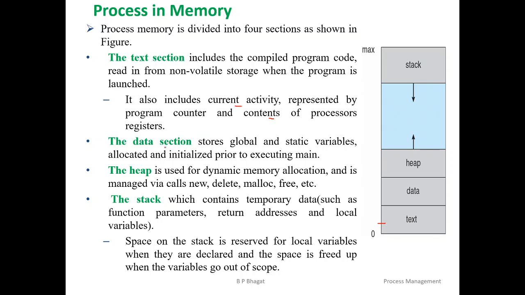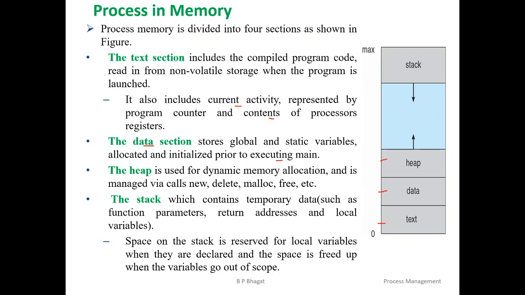Another section is called the data section. The data section stores all the global and static variables, and these are allocated and initialized prior to executing the main function or the main program. The third section is the heap section.